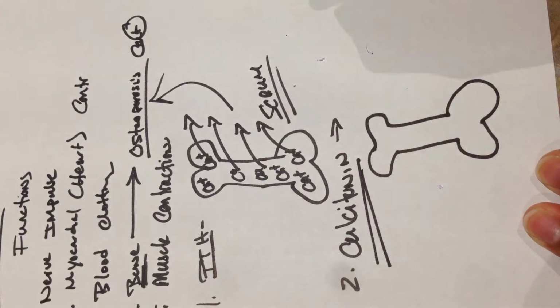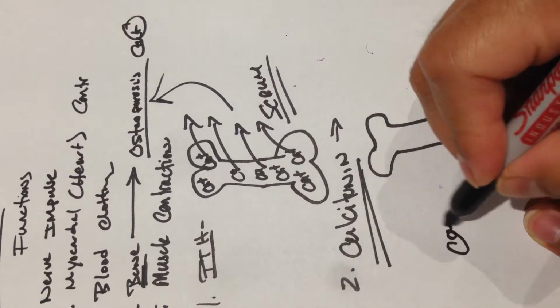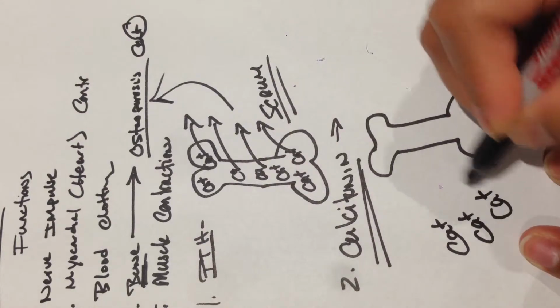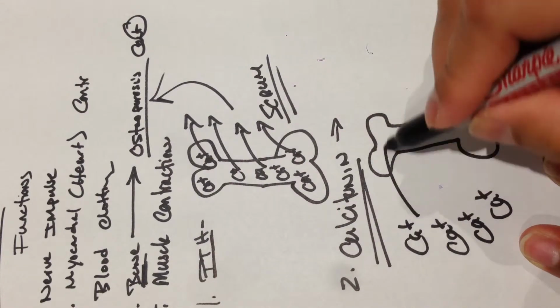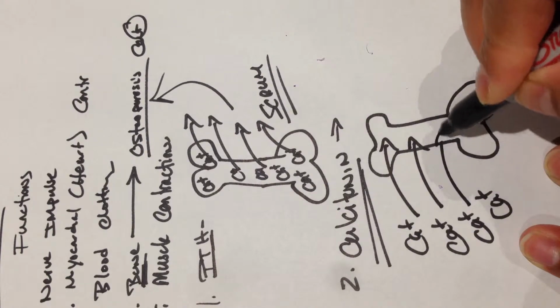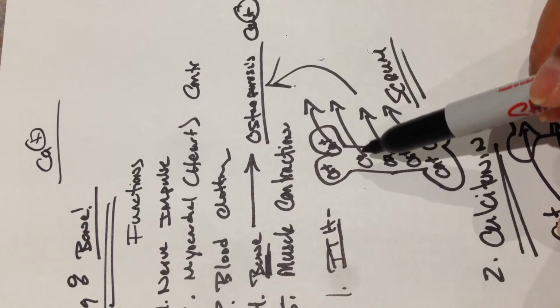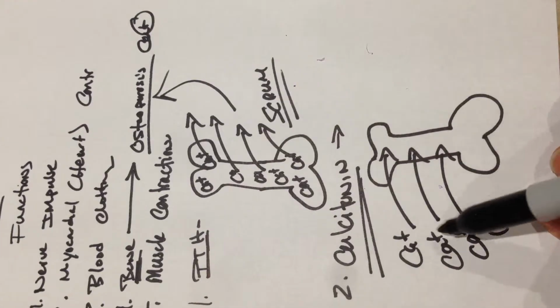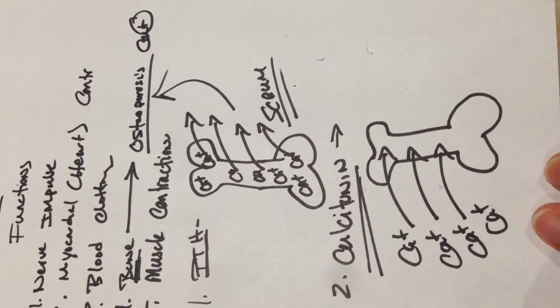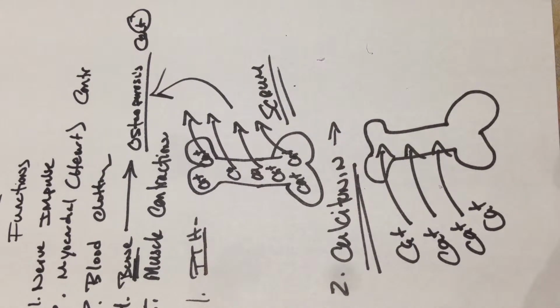Calcitonin is secreted by the thyroid gland, and calcium that is outside of the bone, in serum, is going to be put into bone. So know the difference. One is going to cause calcium to come out of the bone, and one is going to cause calcium to be stored into bone. What calcitonin also does is cause the kidneys to excrete calcium.